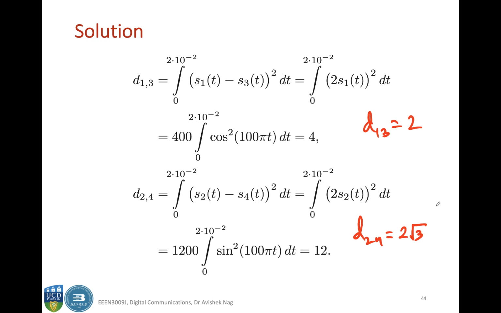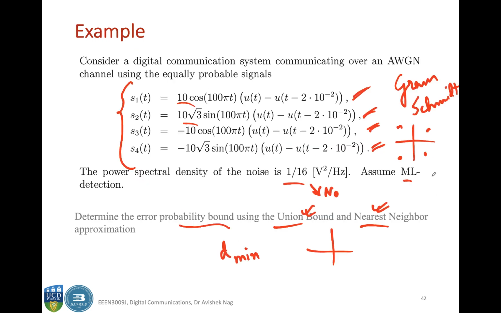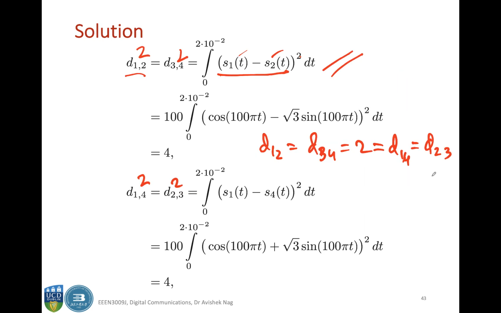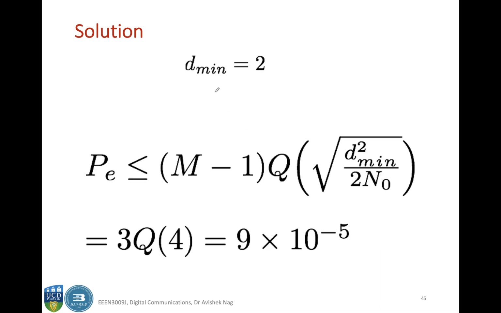So you can see you calculated all the distances, and the minimum distance d min is 2, out of all these calculated distances.